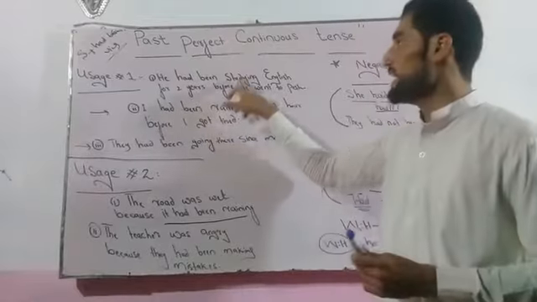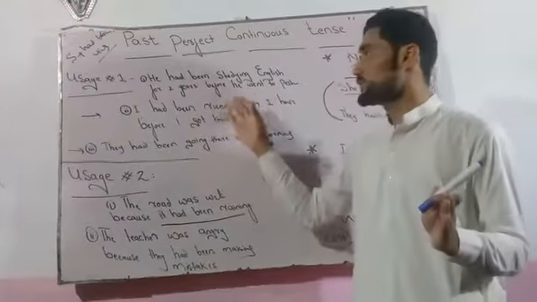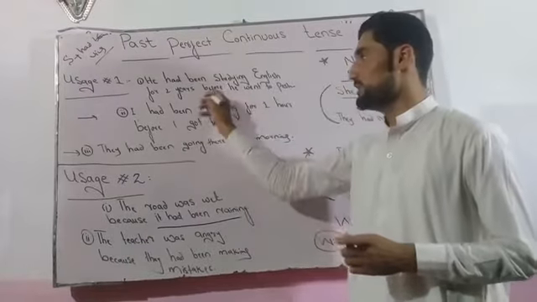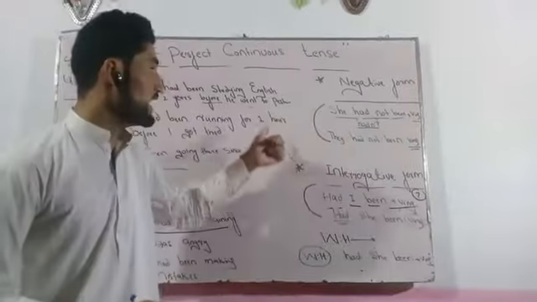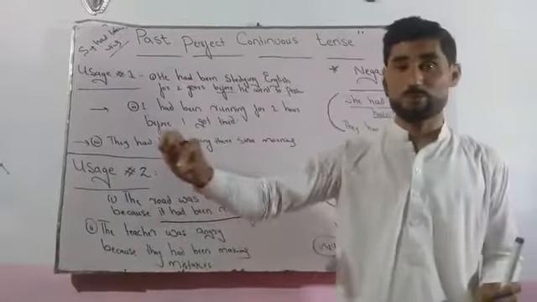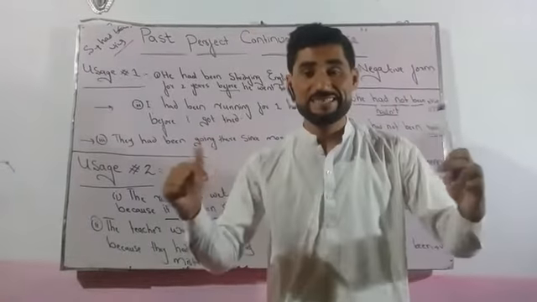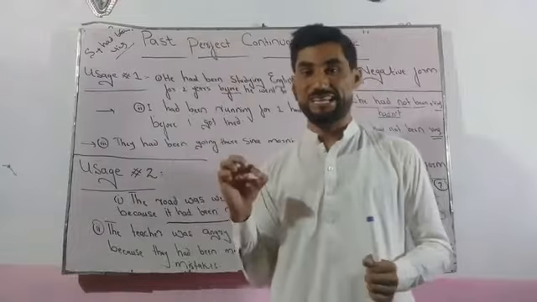So I added here the present participle form of the verb study, studying English for 2 years before he went to Peshawar. So I added here the word before and then the past simple tense, he went to Peshawar. It's because, as I told you before in my definition of the past perfect continuous tense, this tense is used to express an action that was in progress before another action in the past.